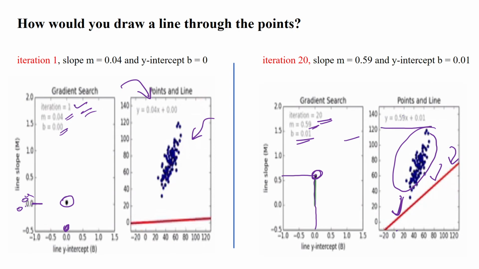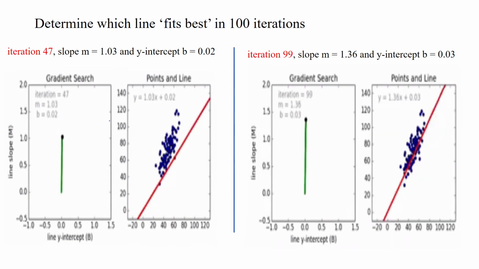Now the m value, that is theta 1, is this one, theta 0 is 0.01. Then iteration number 47, slope is updated to 1.03, the y-intercept is 0.02, so slope is here 1.03. So this is the position. C is, I mean, y-intercept is 0.02. It is close to this position.